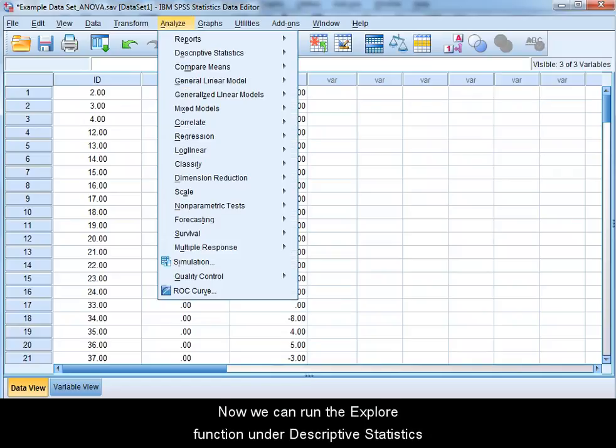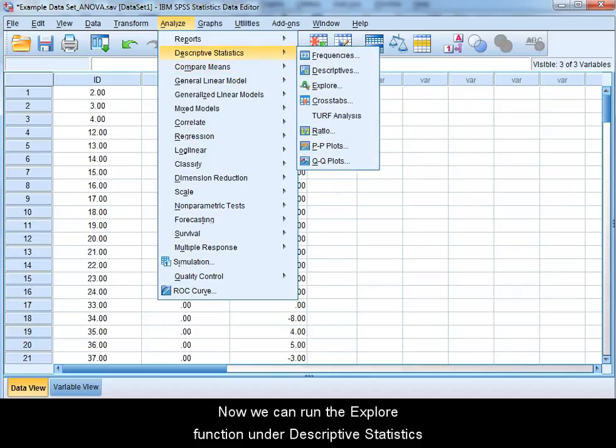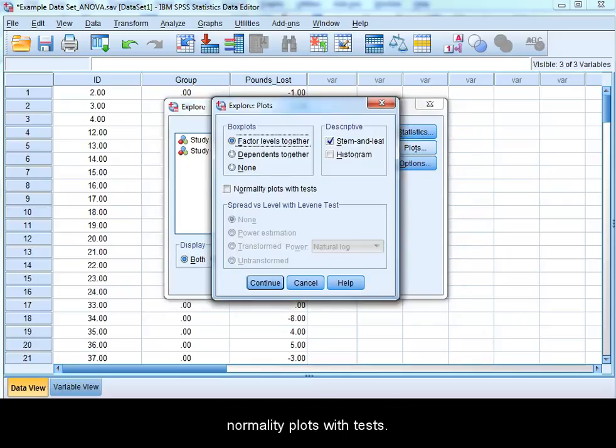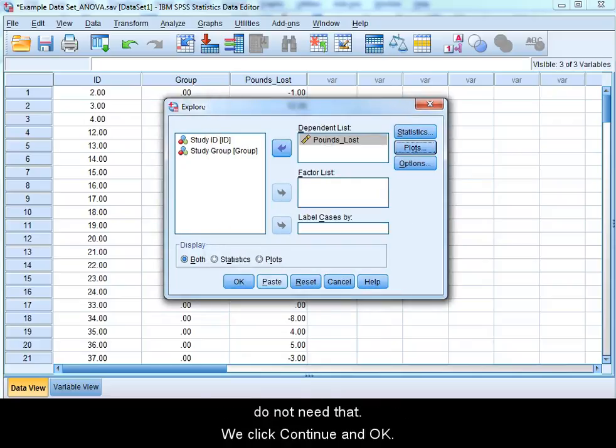Now, we can run the explore function under descriptive statistics and bring over pounds lost. Make sure that we select the normality plots with tests. I'm going to unselect the stem and leaf plot because we don't need that. We click Continue and OK.